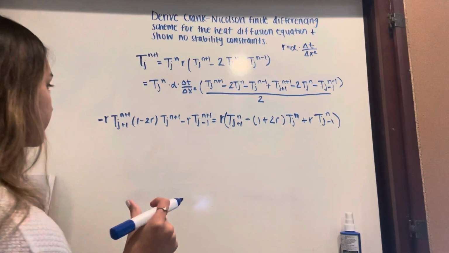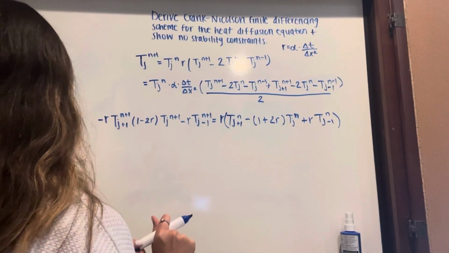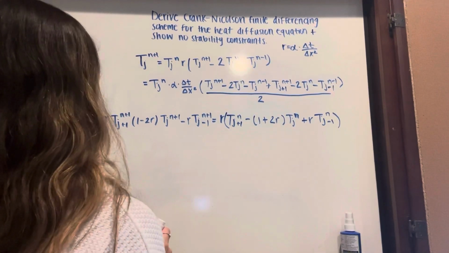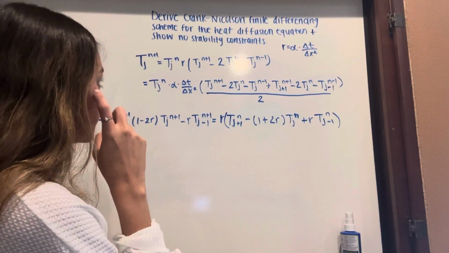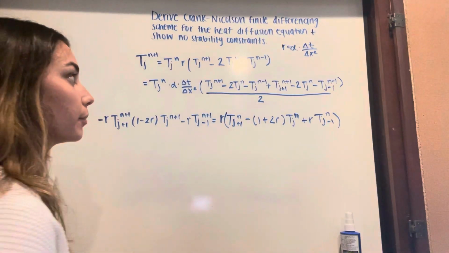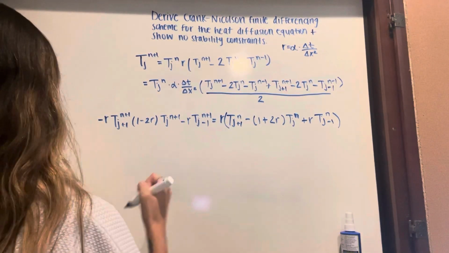Put a parentheses there. Okay. And so now we are going to put in our expression that we solved and proved in part 1, and we're going to add that into our expression here.